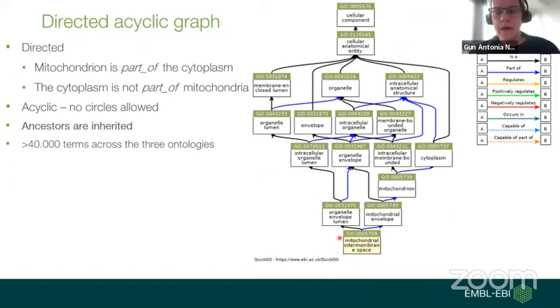And what you see here in this graph is that when we annotate to this term, mitochondrial intermembrane space, we also annotate to all the ancestor terms automatically. As a curator, I don't have to sit and annotate to each one on its own, thank God. And currently there are about 40,000 terms across the 3 different aspects in the ontology.